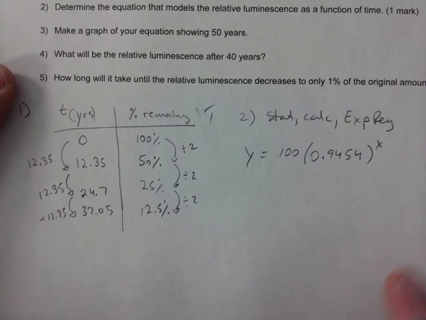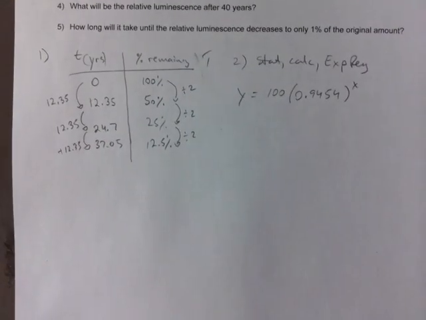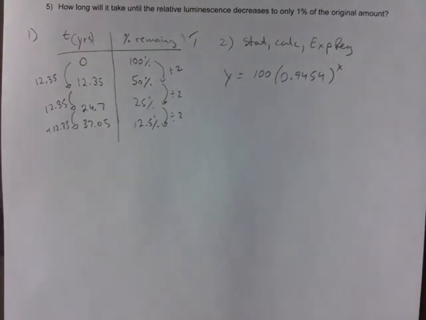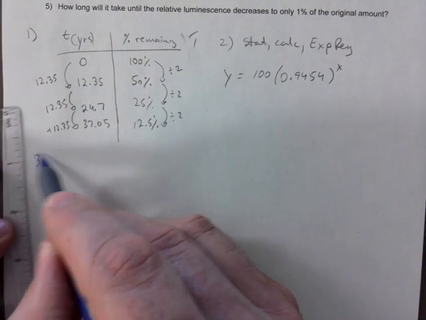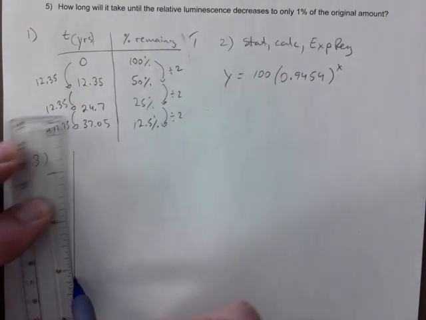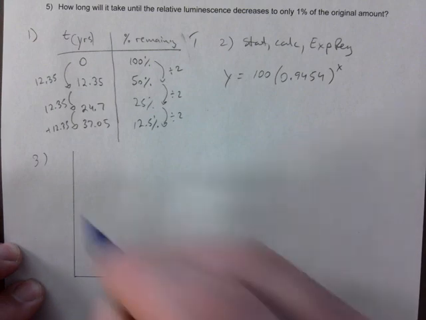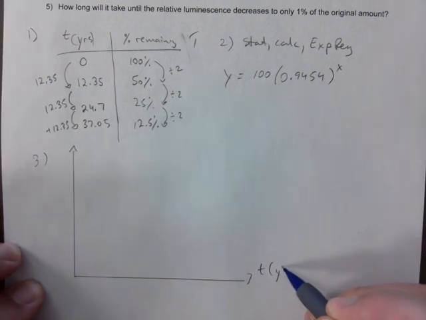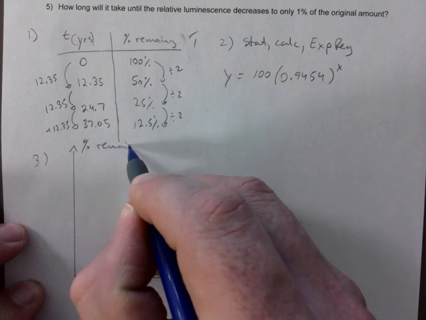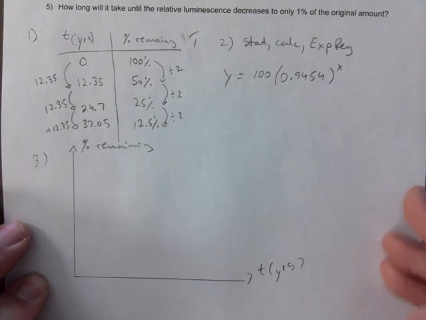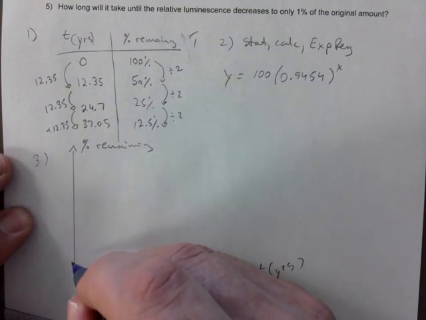Make a graph showing 50 years worth of time. So this would be time in years. This is percentage remaining on the y-axis. And so we need to start with 100, right? Or at least fit that in.